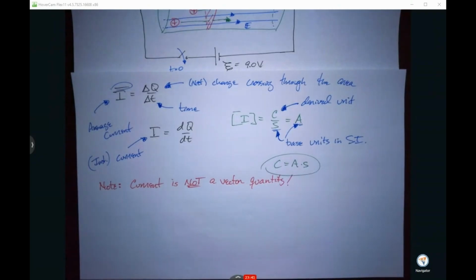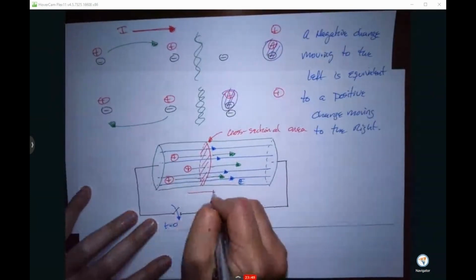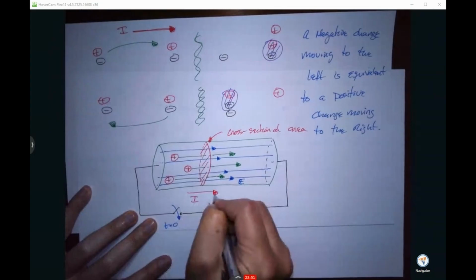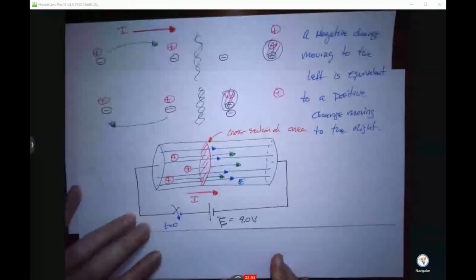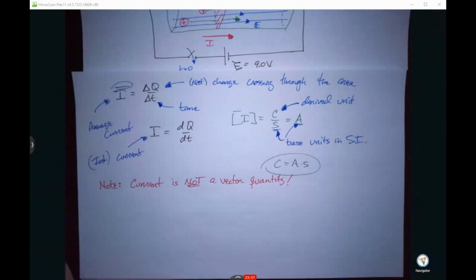Current is not a vector quantity. Now it is directed. It goes in a particular direction, right? Since the positive charge is moved to the right, our current goes to the right through this conductor, okay? But current is not a vector quantity.